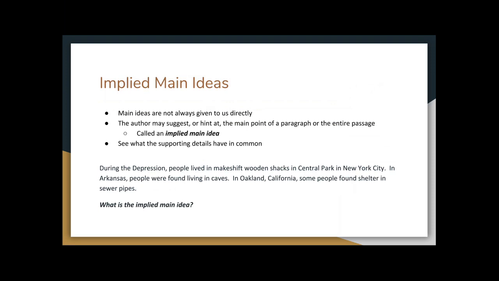There were people in the state of Arkansas who had to live in caves. And in Oakland, California, we had people finding shelter in sewer pipes. So what these details have in common is that people had to make do with what they had. Taking all of this information together, we can see that the implied main idea is that homelessness was a terrible problem during the Great Depression.